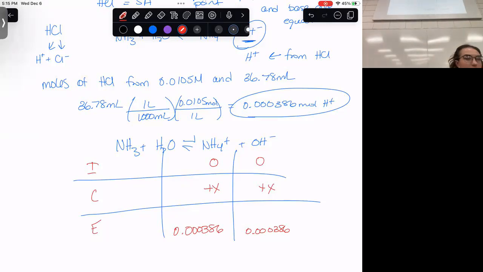So we say X is our change, but really what we're looking for is this question mark, the initial concentration. So question mark minus X is going to be our equilibrium. But we know what X is because that's going to be the concentration that we have right now.